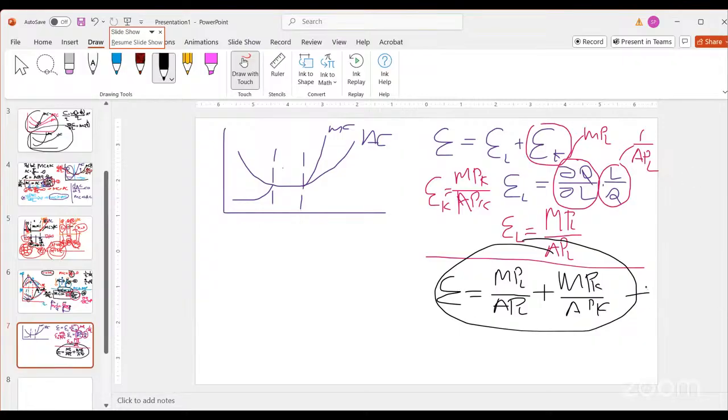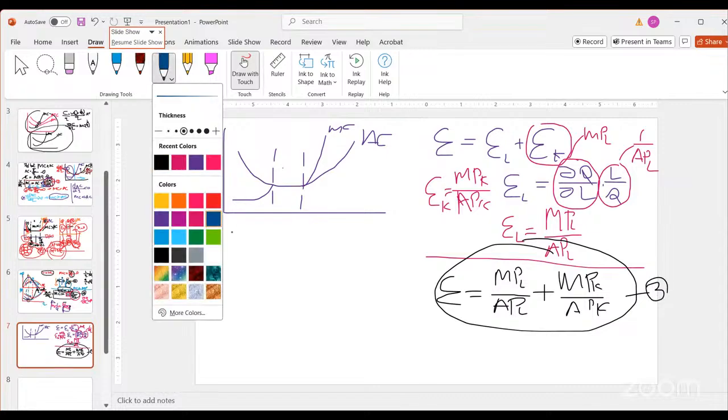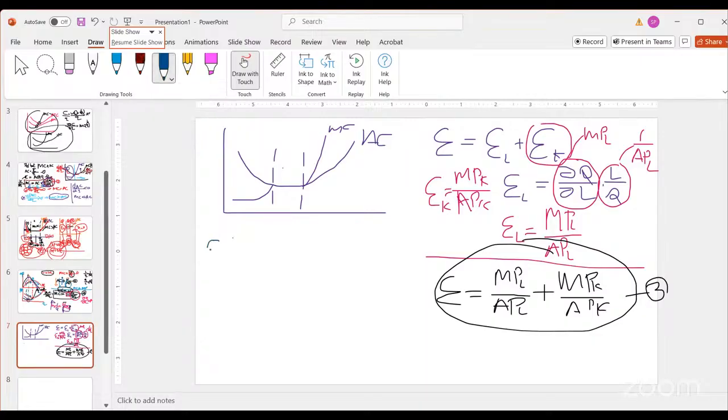Now this equation number 3, I can rewrite here: epsilon, that is the elasticity, equals marginal product of labor multiplied by its average product, meaning 1 divided by average product, that is L divided by Q. So here L, Q, you can rewrite.